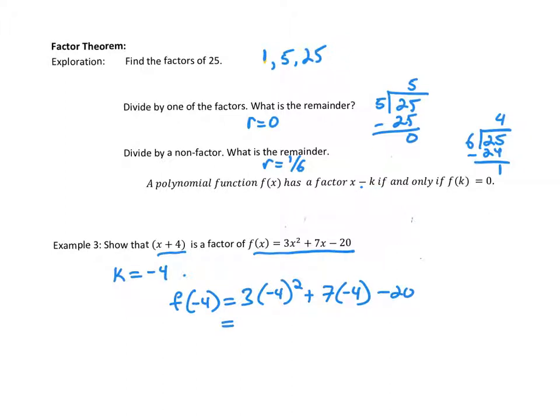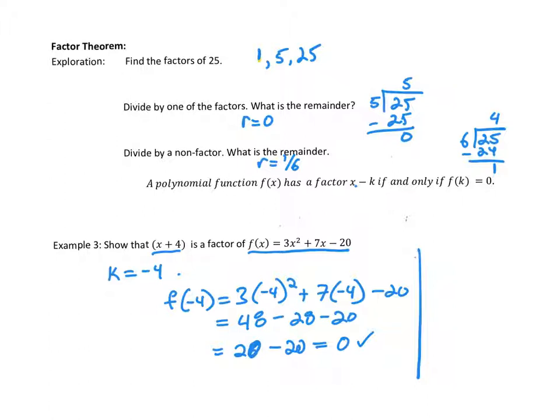Let's see, -4 squared is 16 times 3 is 48. Then 7 times -4 is -28, minus 20. 48 minus 28 is 20. Minus 20 does in fact equal 0. So we did show that that's a factor. We could have also synthetically divided it.